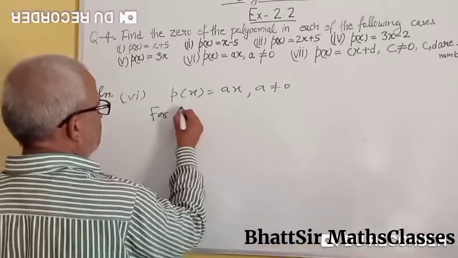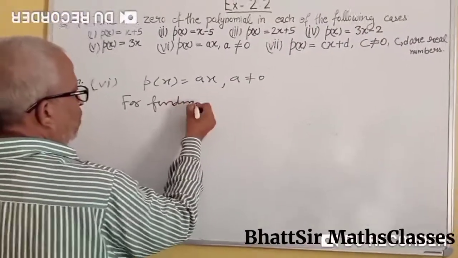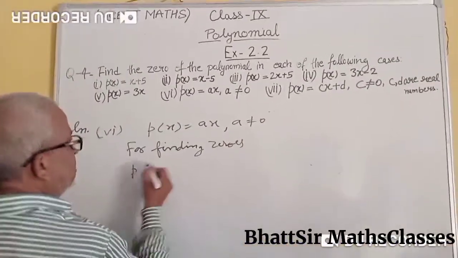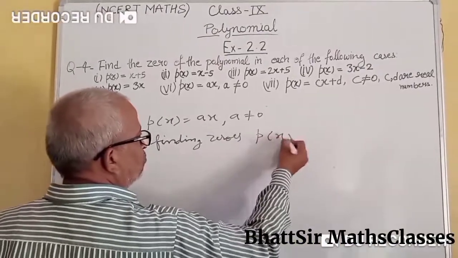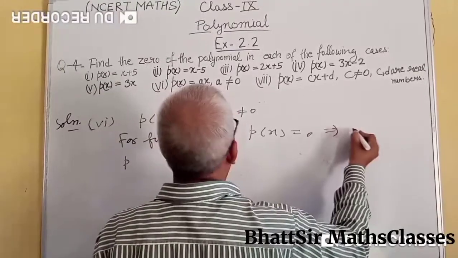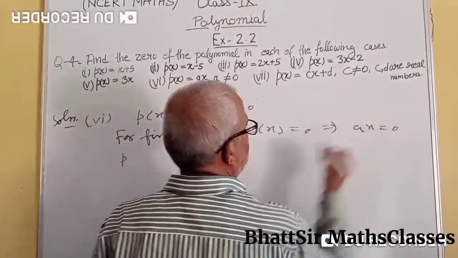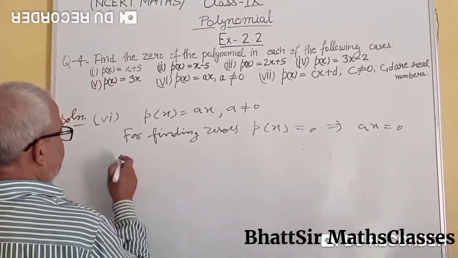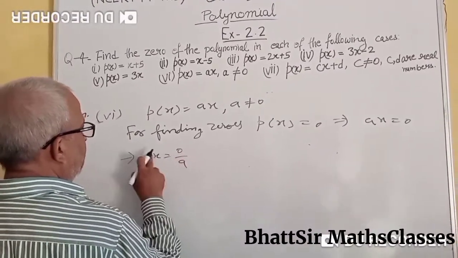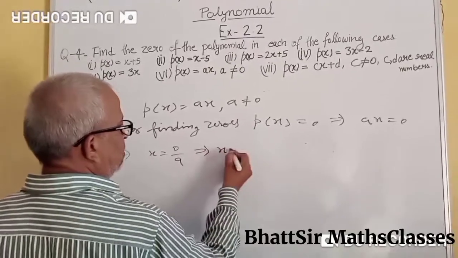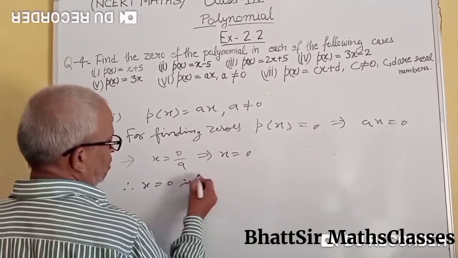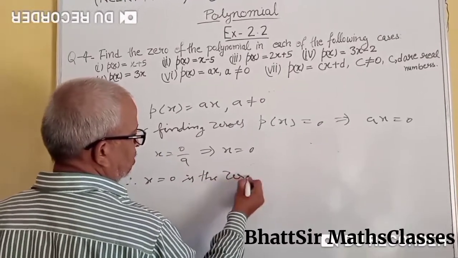For finding zeros, P(x) equal to 0 implies that ax equal to 0, implies that x equal to 0 upon a, implies that x equal to 0. Therefore, x equal to 0 is the zero of P(x).